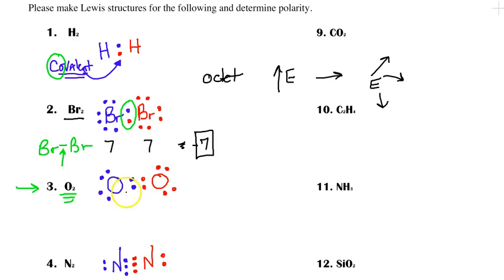As we did in class, each oxygen has 6 valence electrons. So by sharing, each one of these oxygens feels like it has 8. Why is that important? Because each oxygen was 2-6. It had 6 valence electrons. We don't care about the filled shell.